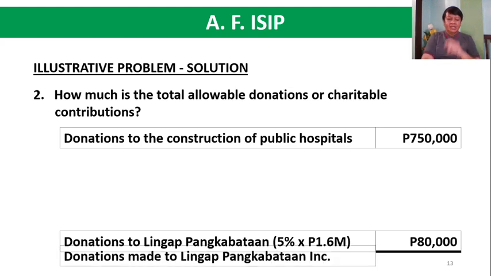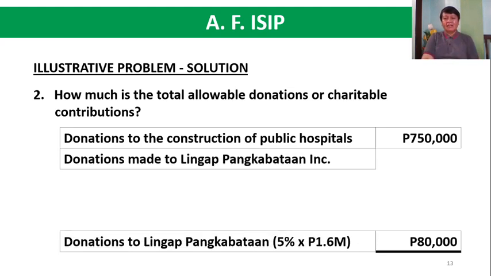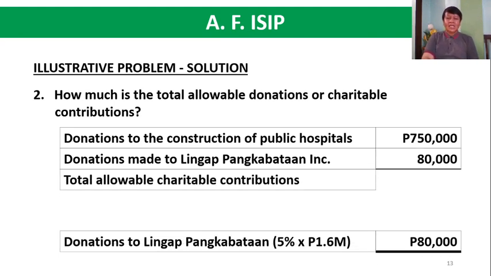So we will include donations made to Lingap Pangkabataan Incorporated. How much? 80,000 pesos. Therefore, the total allowable donations or charitable contributions is 830,000 pesos.